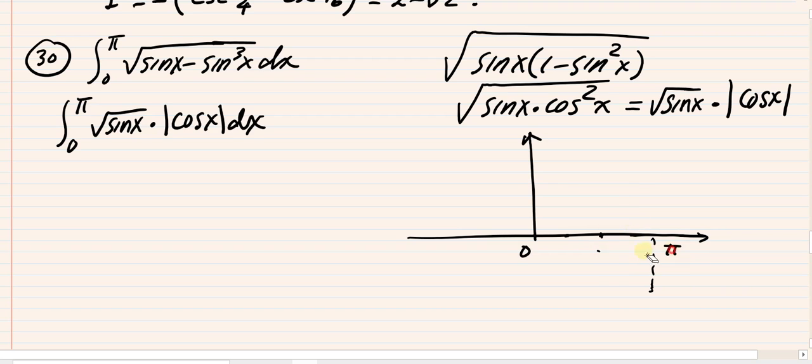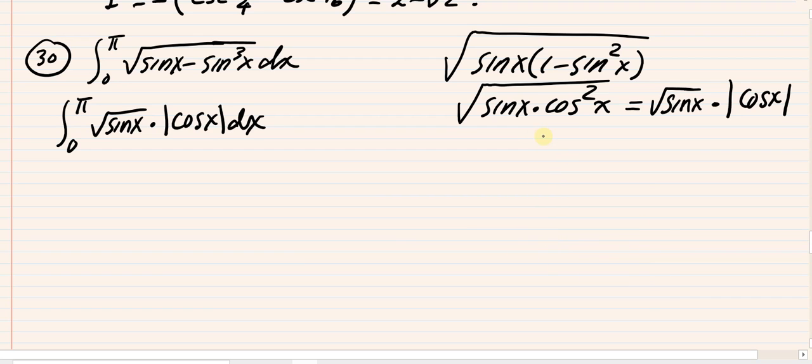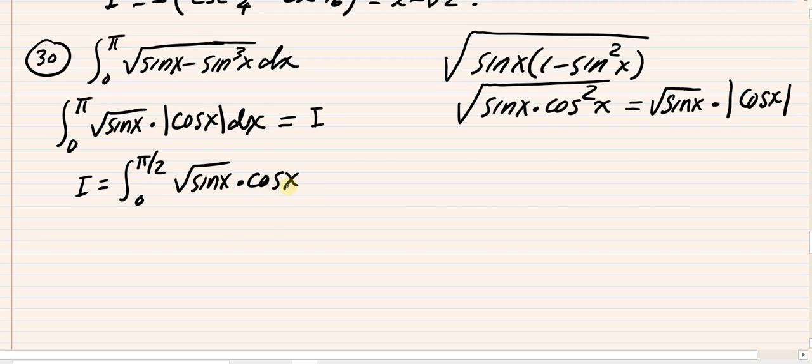But in 0 to pi, remember in the second quadrant cosine is negative. So here's how we have to rewrite it. I'm going to break the integral into 0 to pi over 2 of the square root of sine x times cosine x, because in the first quadrant cosine is positive.